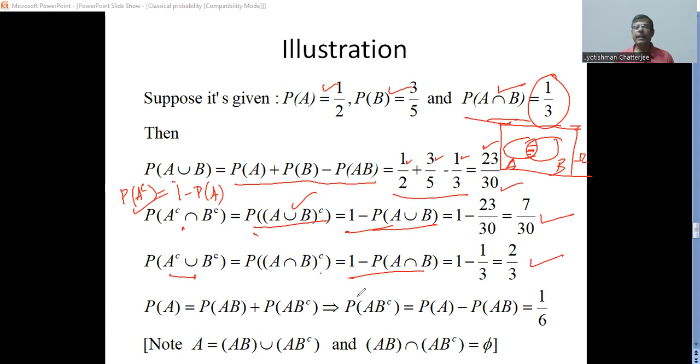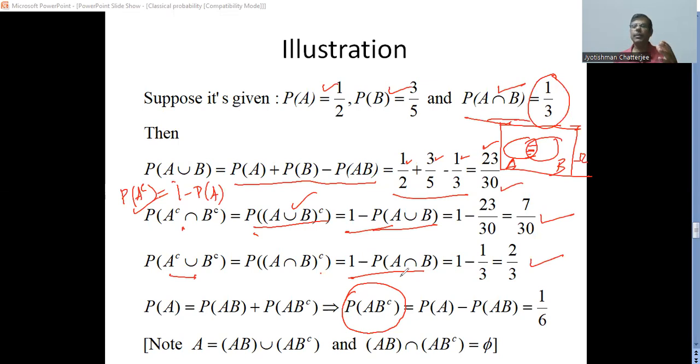Also, how do you find probability of A B complement? What is A B complement? A B complement means all those events which satisfy A but not B. That's what is A B complement. In other words, A has occurred but not B. This is the precise event meant by A B complement.